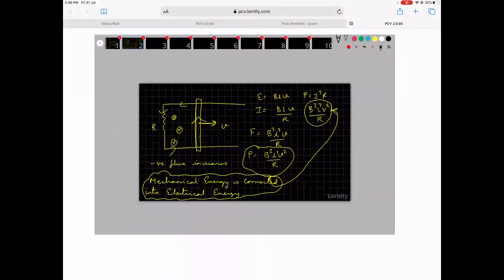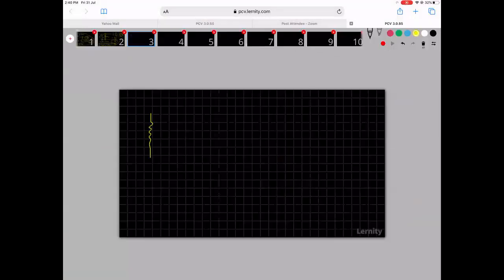so if I have a resistor this side and I have a resistor this side, there is a magnetic field. This is a rod.